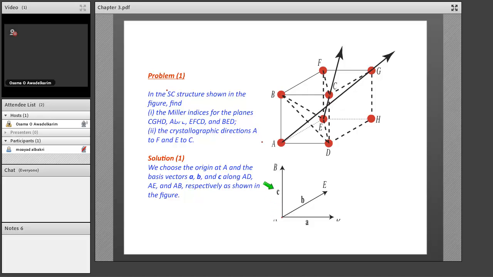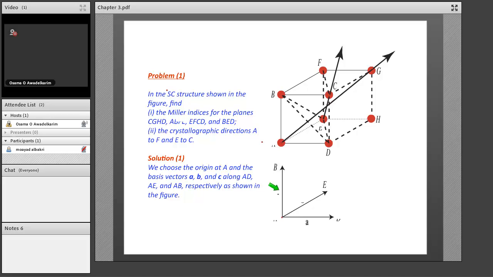One along AD, so one of the vectors is a, and then another vector is along AE, which is the vector b, and then the third vector, c, is along AB. And remember, a, b, c are in a right-handed system.